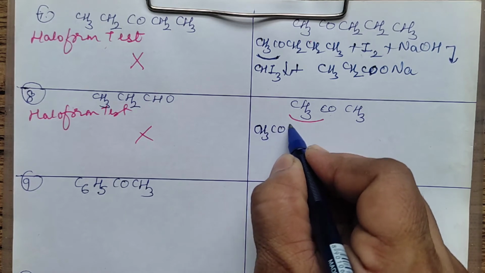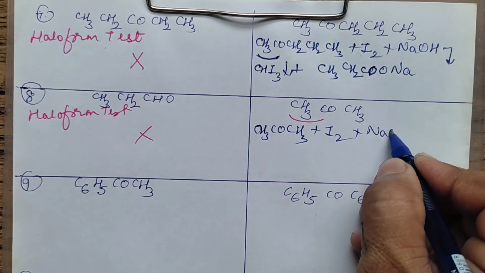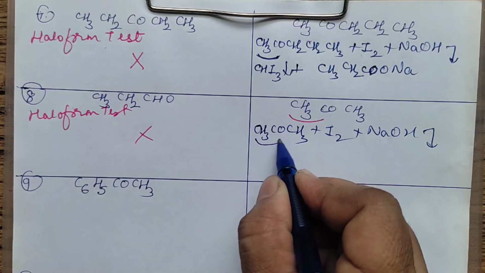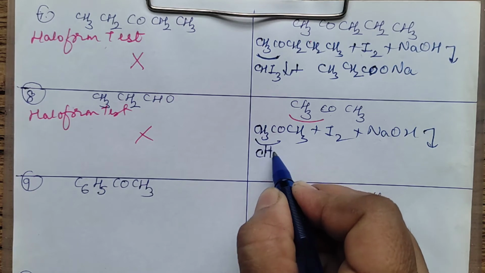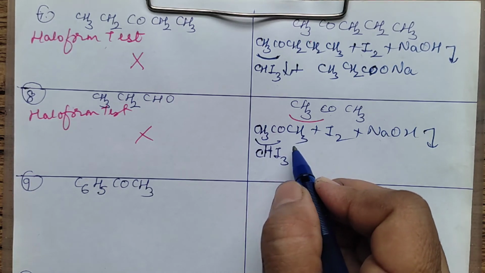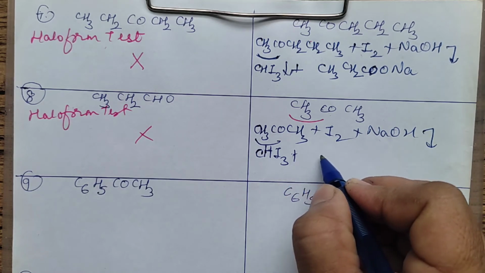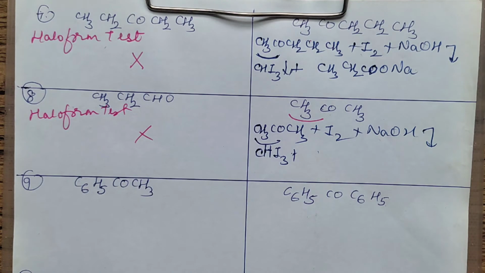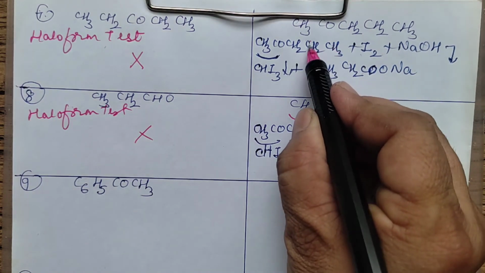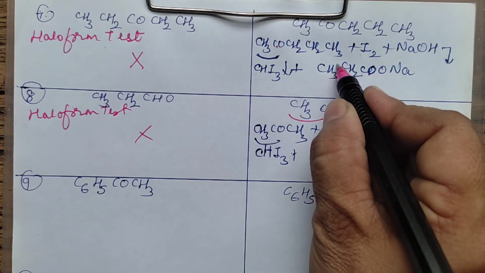So you will write CH3COCH3 plus I2 plus NaOH. That is the standard thing we always write. This methyl part with CO will form CHI3. Plus how many carbons are left here? I'm sorry, here one carbon will be extra: 1, 2, 3, and this part also will go as CH2.